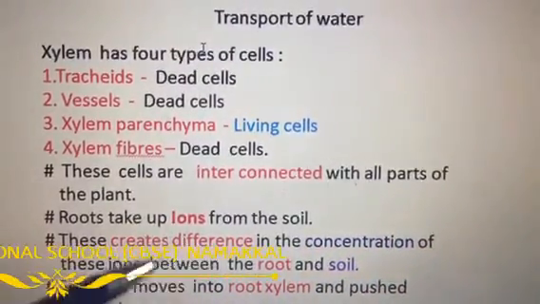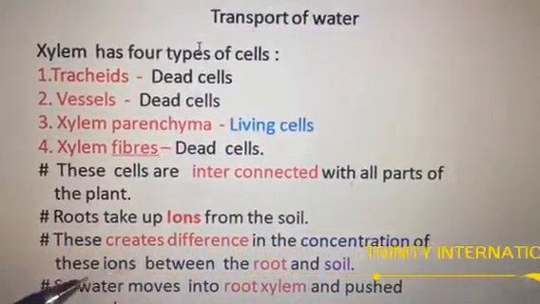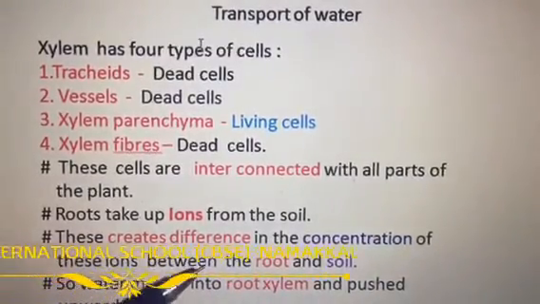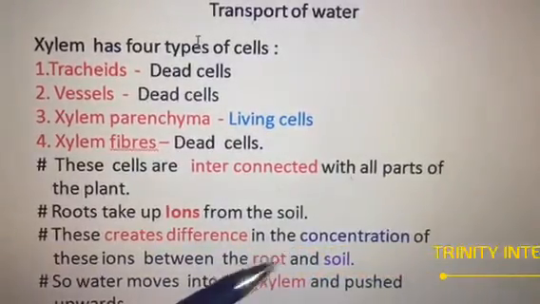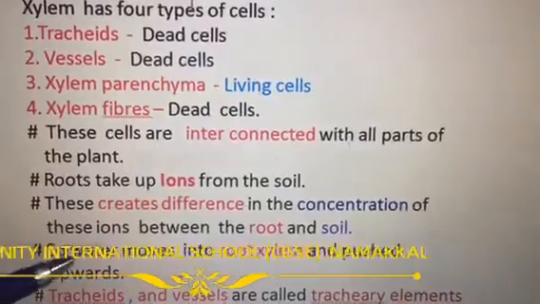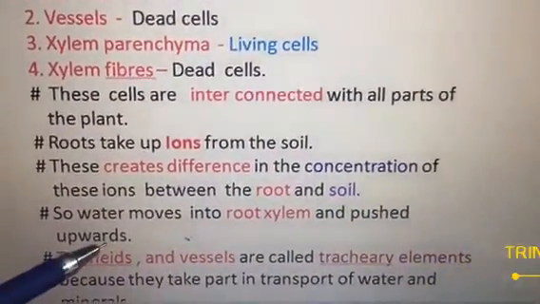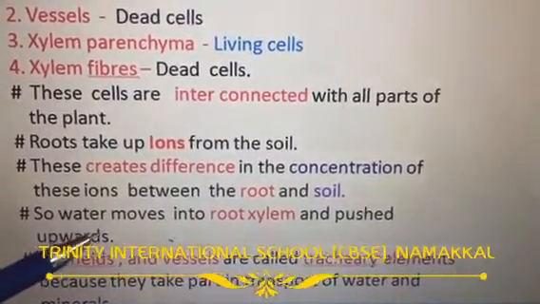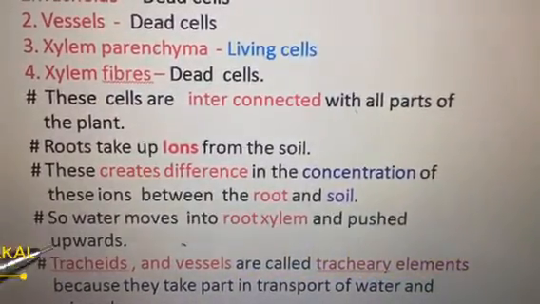This creates a difference in the concentration of these ions between the root and the soil, that means diffusion. It helps water move into the root xylem and be pushed upwards. This difference helps move the water from root upwards.